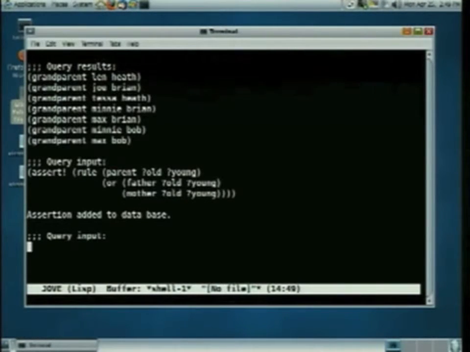So it's sort of the default thing for a word to mean is a constant rather than a variable. And note also that these names of relations, they're just words. So here, in this rule, I put the relation first, but I didn't have to. I could have said rule, question mark old, parent, question mark young, and then the same thing further down.